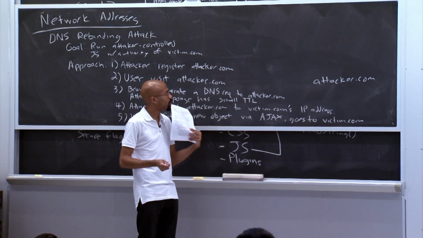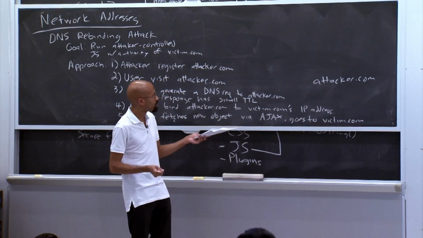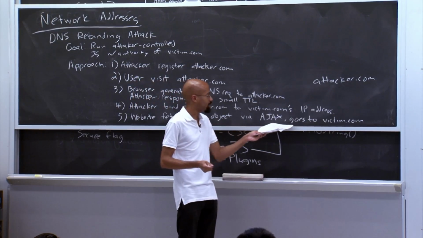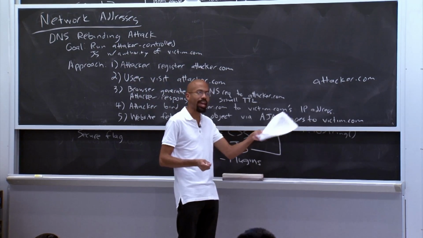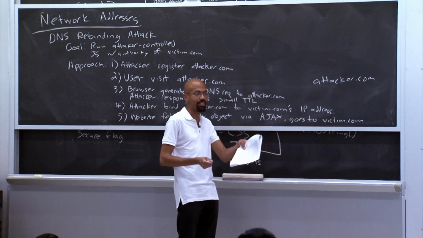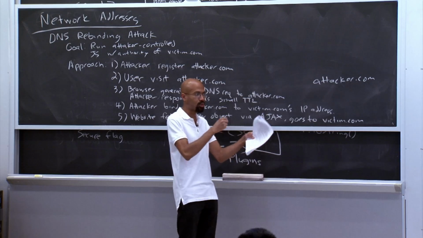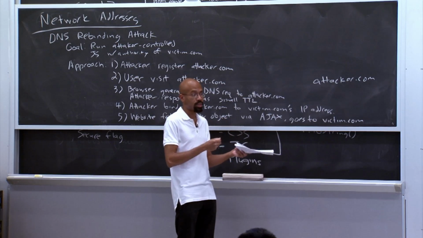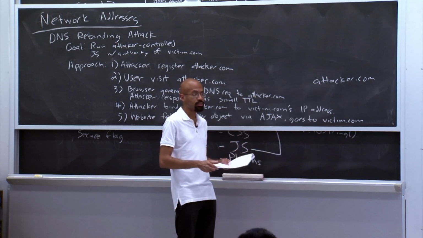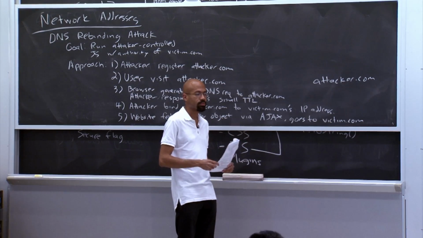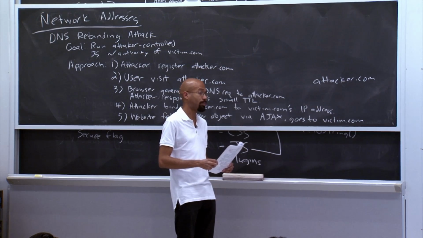Presumably if you're using HTTPS, then when you sent out this AJAX request, the victim machine wouldn't have the attacker's HTTPS keys, right? So the cryptography would fail somehow. So I think HTTPS would stop that, or if the victim only has things on HTTPS. Yeah, I think that'd stop it.